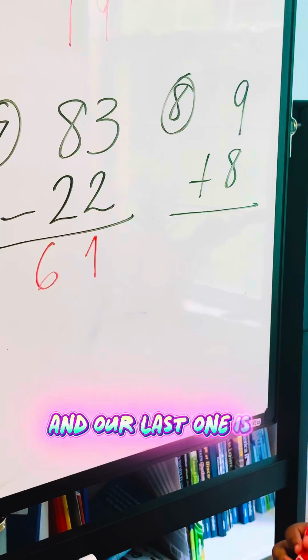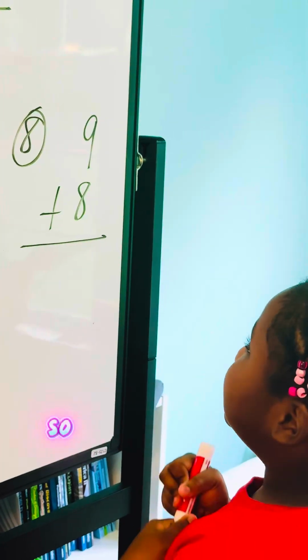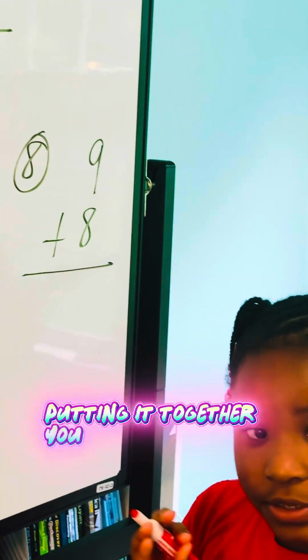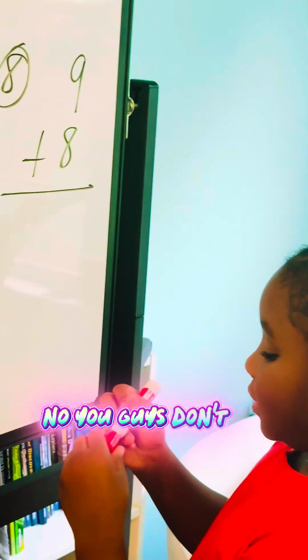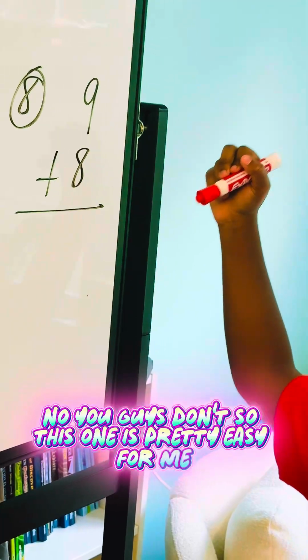And our last one is pretty easy. So we're taking this number, putting it together. You guys know what that is? No, you guys don't. So this one is pretty easy for me.